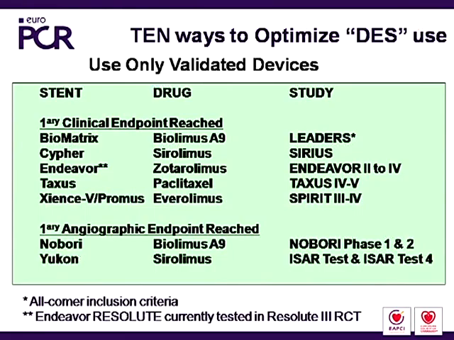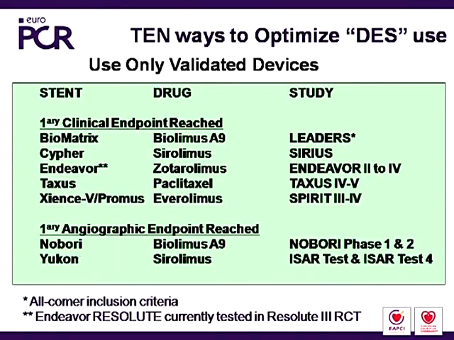The first group have the strongest data because the pivotal trials were designed and powered to address clinical endpoints, and they're listed here: Biomatrix, Cypher, Endeavor, Taxus, Xience V, Promus. There is also good evidence, somewhat less robust because it's based only on angiography, for Nobori and Yukon.